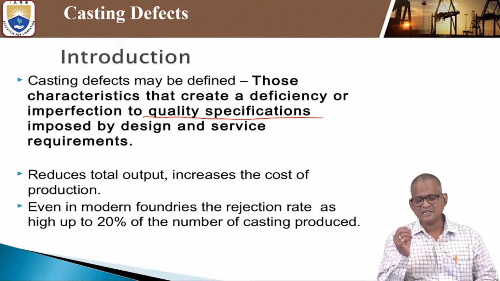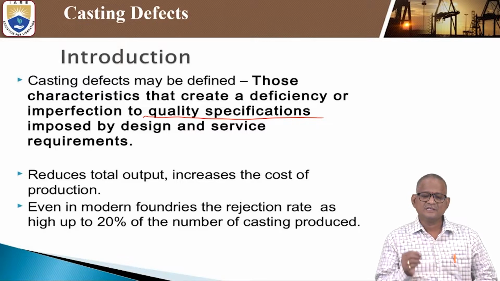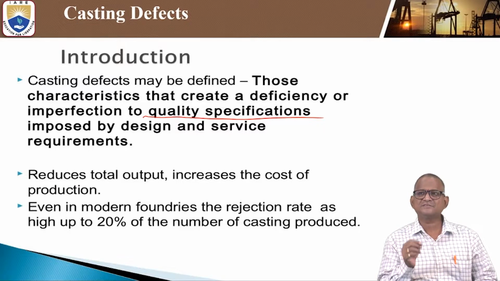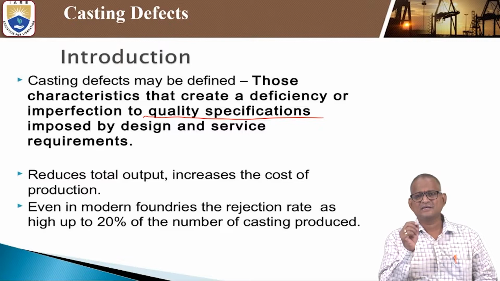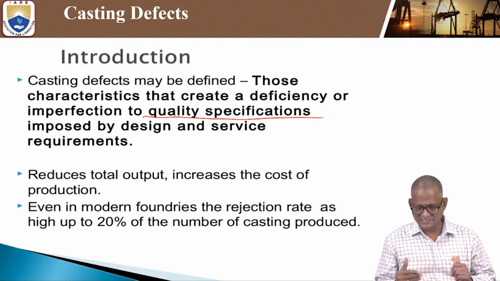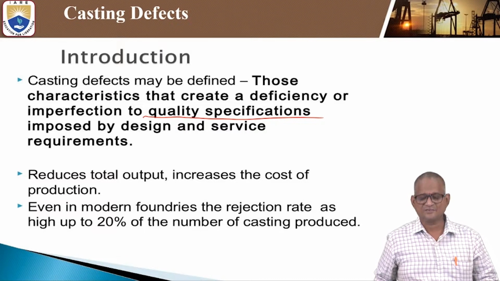Everything should be taken into consideration. That is why in the casting process the rejection rate has to be decreased. We should maintain the simple parameters that we will discuss in detail in this casting defects topic.